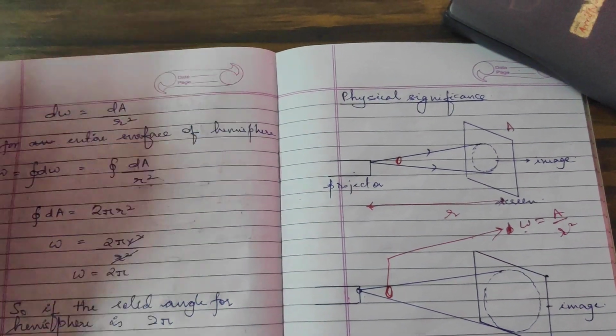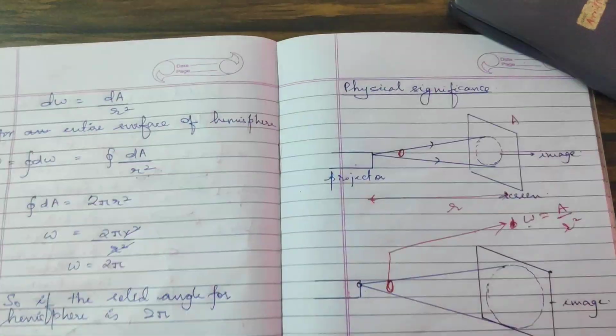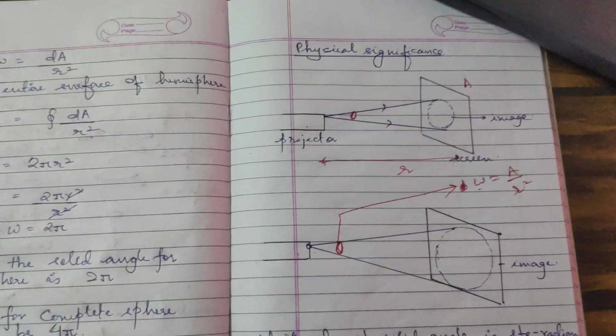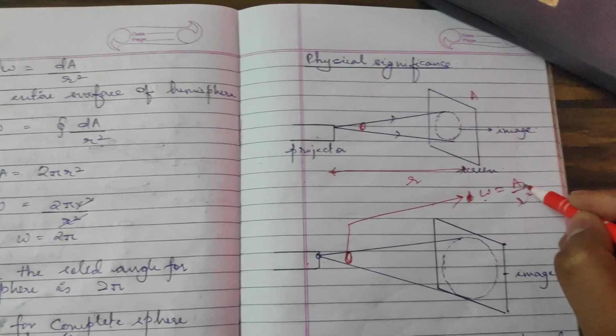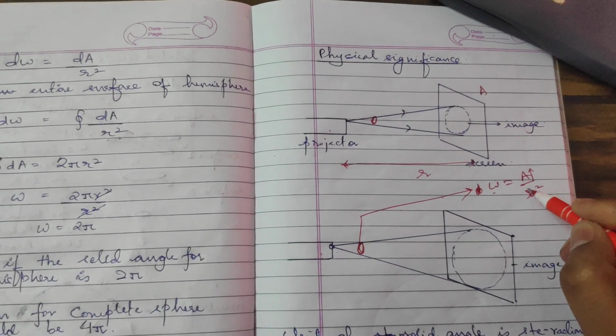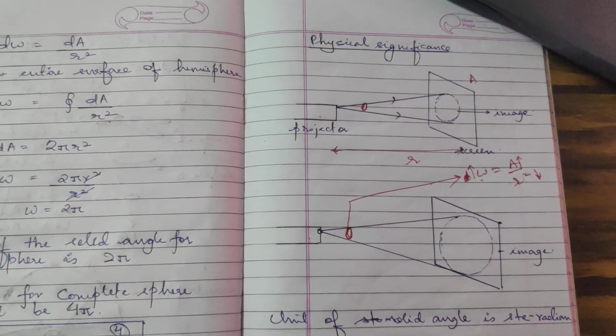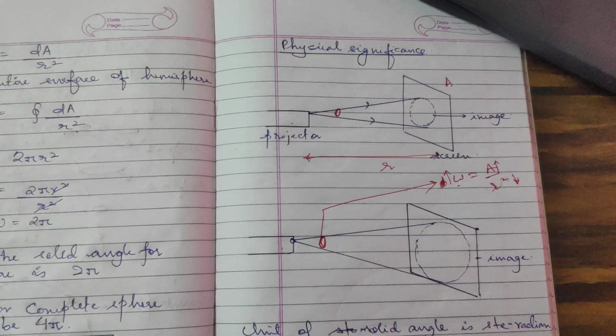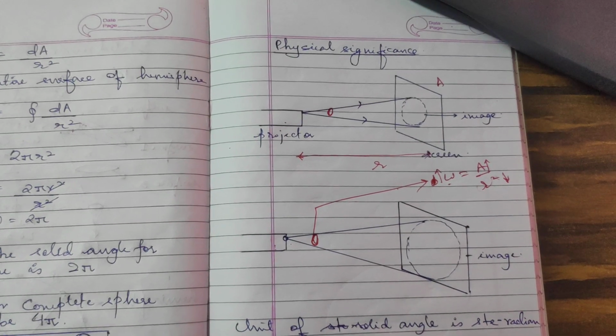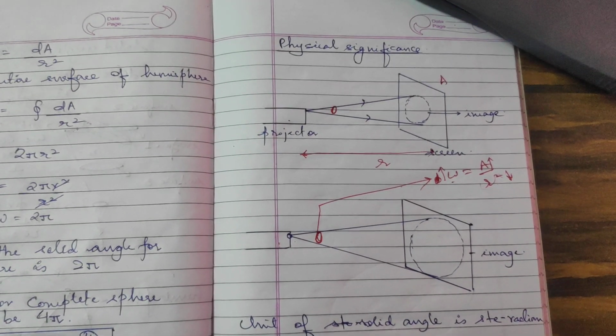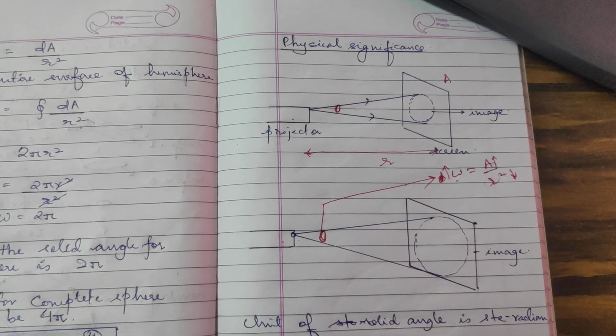So what has happened? The value of the solid angle has increased. The area covered has increased. So if the value of A has increased and the value of R has decreased, therefore the value of the solid angle has increased. So a lens with a large value of solid angle will cover a larger surface area of projection at a very small distance. Thank you.